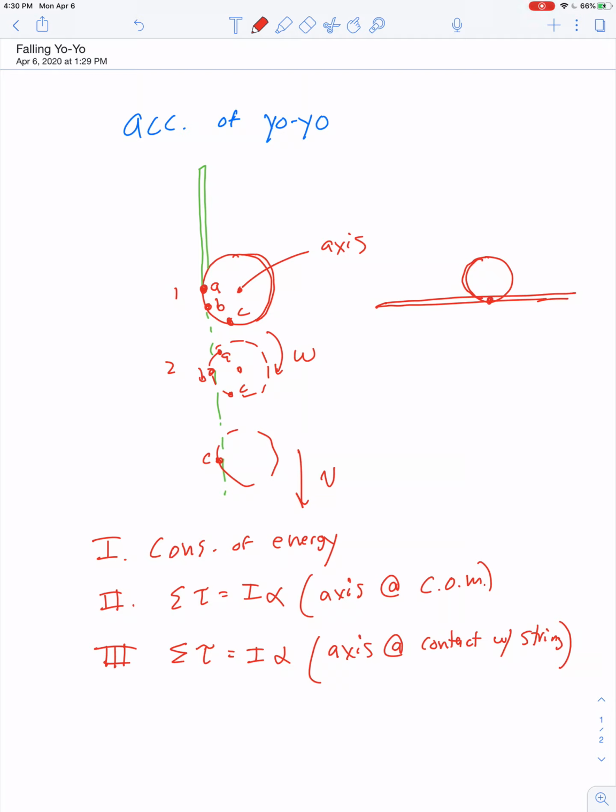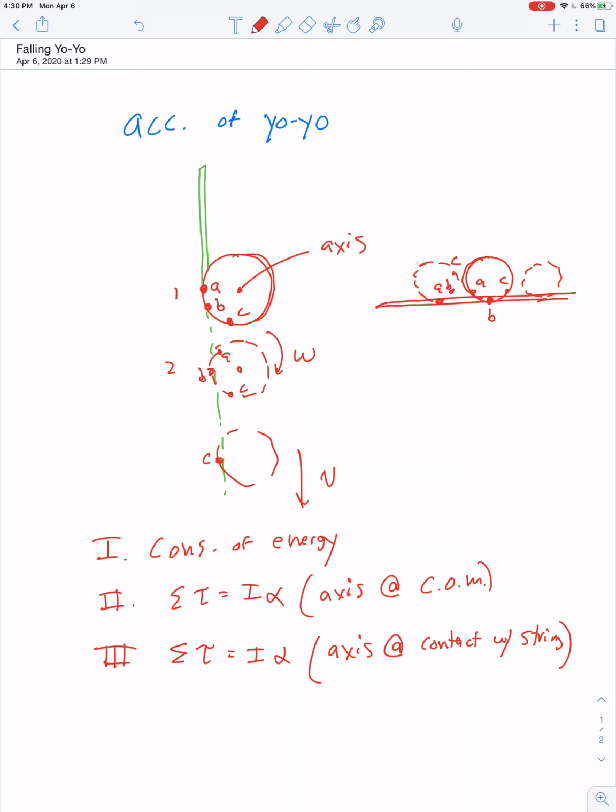And so when you look at it like that, it would be no different than having a wheel that at one point was here with point A making contact, and there's points B and C. Now point B makes contact, A has already rolled along, and C is about to be the contact point.